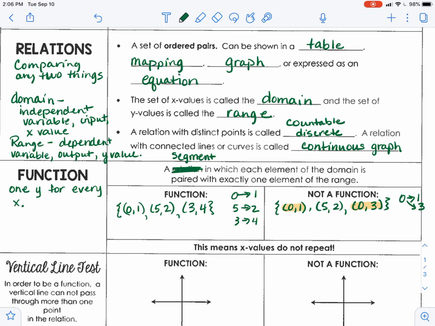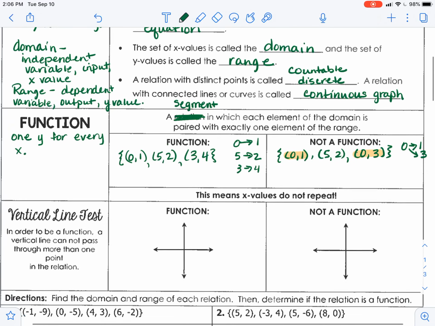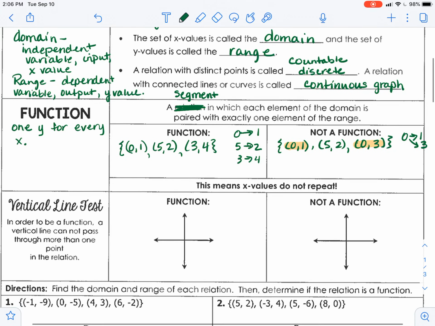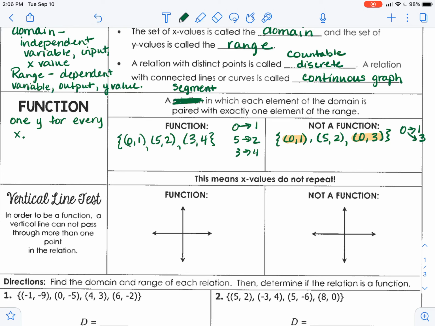Now, that's if you've got a table or mapping notation, that's what you're going to look at. But if you have a graph, what you're actually going to be looking at is what we call the vertical line test, and you may have heard of that before. We usually will just write VLT as our abbreviation as our proof.